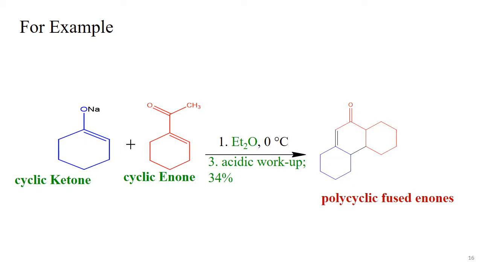This reaction is catalyzed by a base, and after acidic workup, the cyclic ketone is added across the cyclic enone to give a 1,5-dicarbonyl compound. That 1,5-dicarbonyl compound will be converted to beta hydroxyketone through intramolecular aldol reaction, and that beta hydroxyketone after dehydration will be converted to the cyclohexanone ring system.